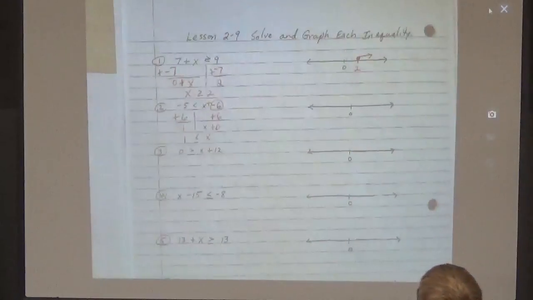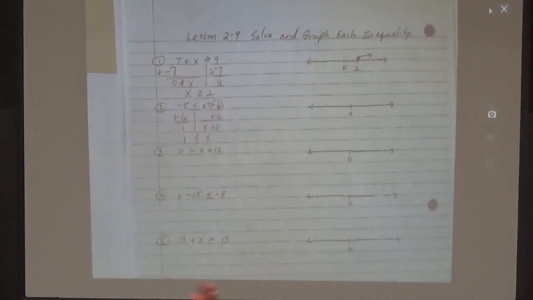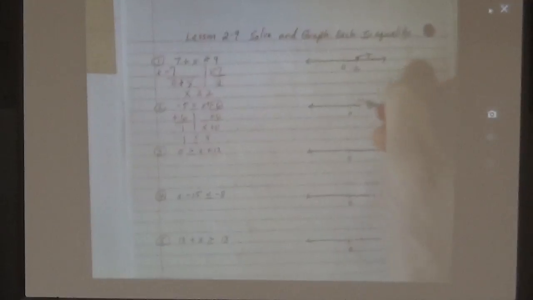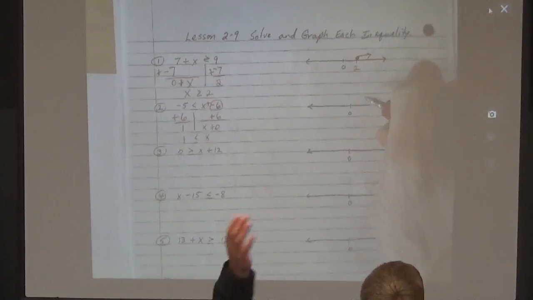Now, how do we graph this? What does it mean? We need to graph x, right, Catherine? So where is x in relation to 1 on the number line? X in relation to 1? Yeah, so how do we graph this?